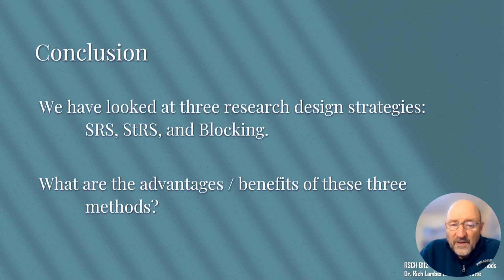Okay, so we've looked at 3 research design strategies in this discussion: simple random sampling, stratified random sampling, and blocking. And let's talk quickly to review the advantages and benefits of each of these 3 methods.